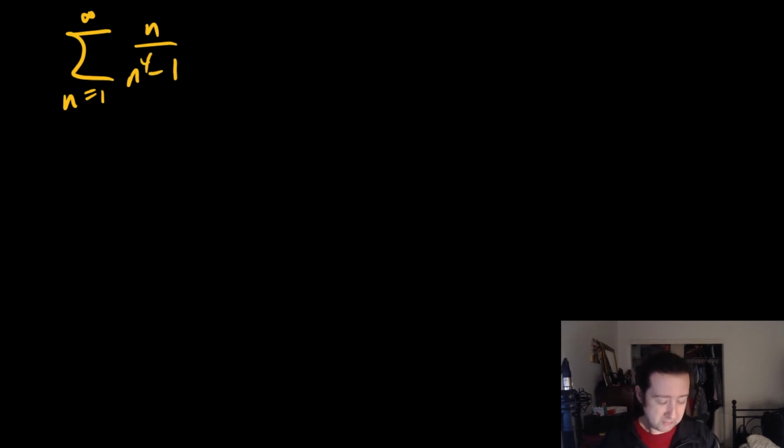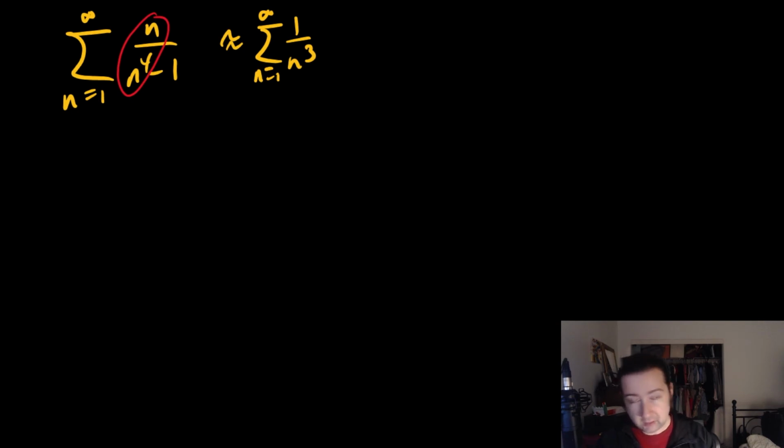So we had the sum from n equals 1 to infinity of n over n to the fourth minus 1. And we've already decided that this kind of looks like the sum of 1 over n to the third, because as n goes to infinity, this is dominated by this. So that gives us what we want for our comparison. So let's look at the limit as n goes to infinity.